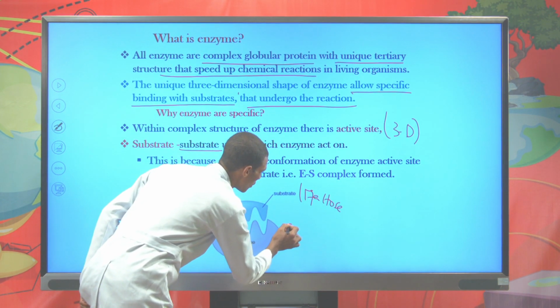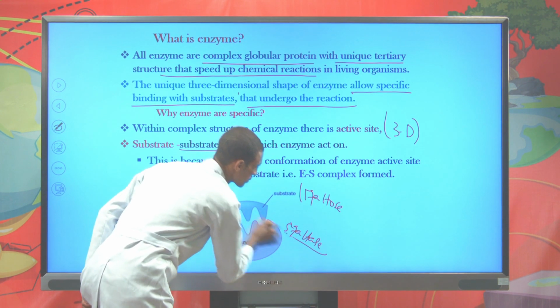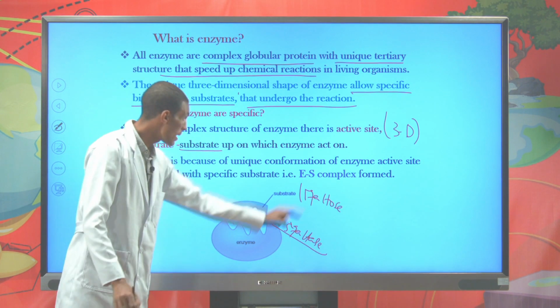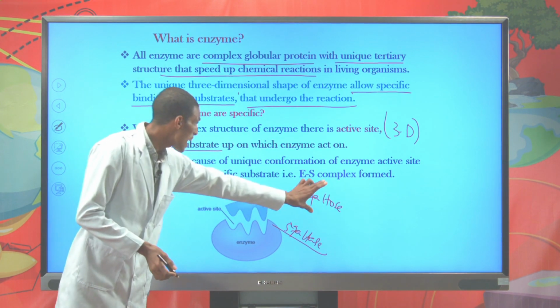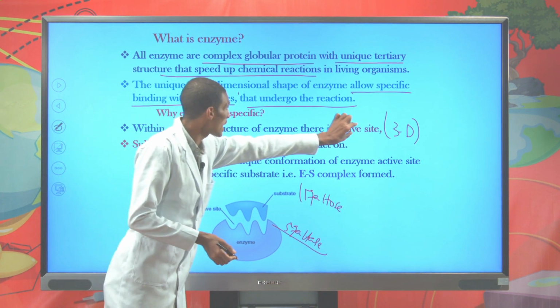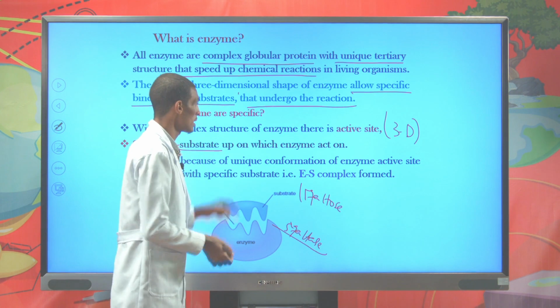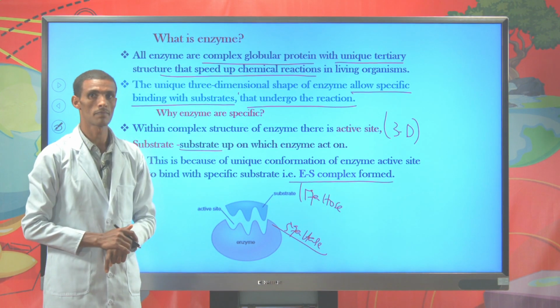Only the enzyme maltase can be active here. Enzymes are specific because of their shape. No enzyme can catalyze two or more chemical reactions, because they bind specifically together and an enzyme-substrate complex is formed here.